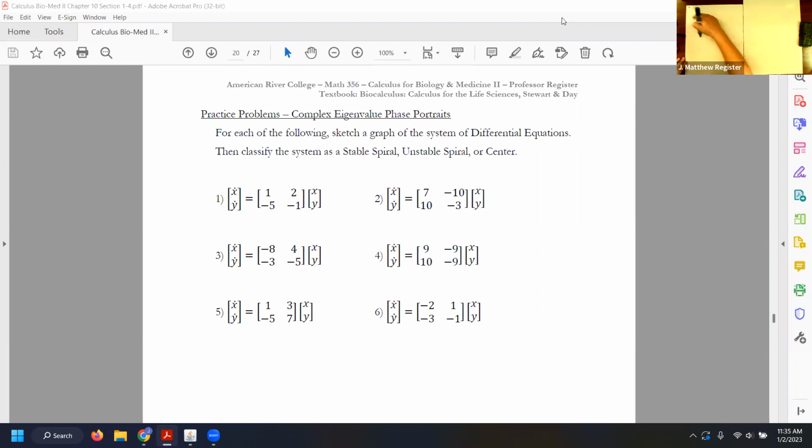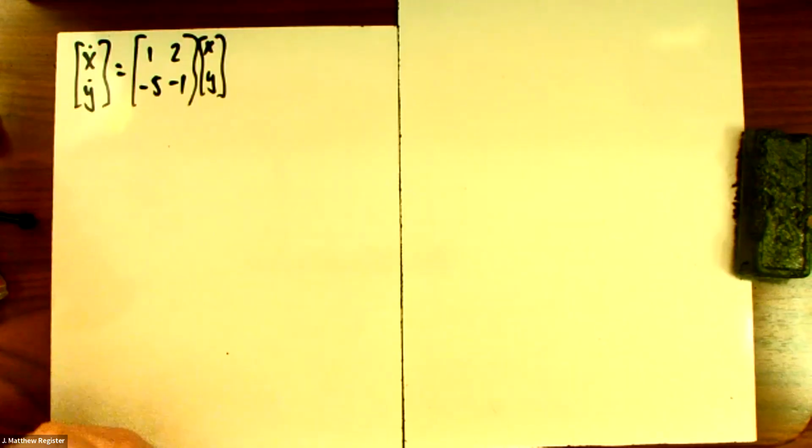And so x dot, y dot equals 1, 2, -5, -1 times x, y. We're going to do the exact same process. This time, I'm going to stop the share so that we can actually see it.